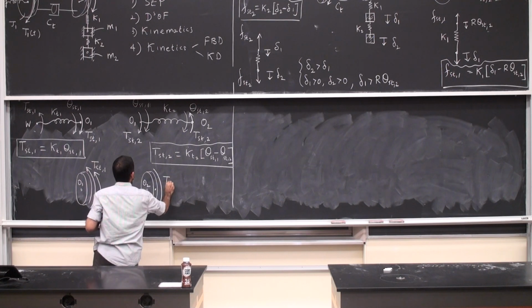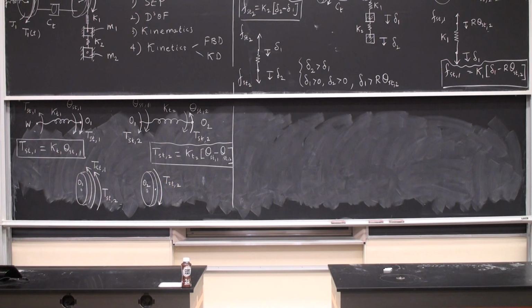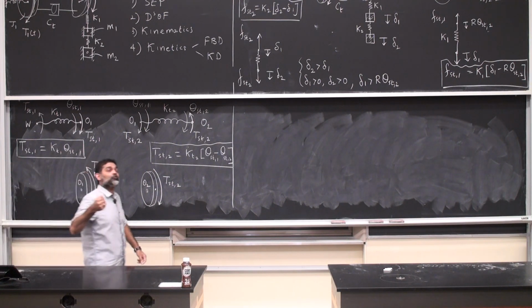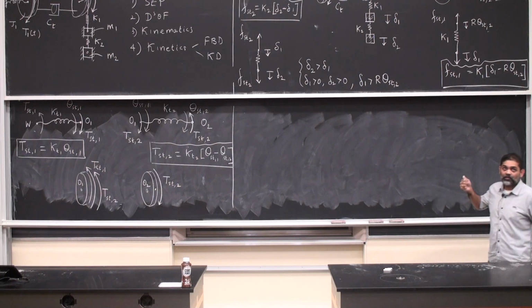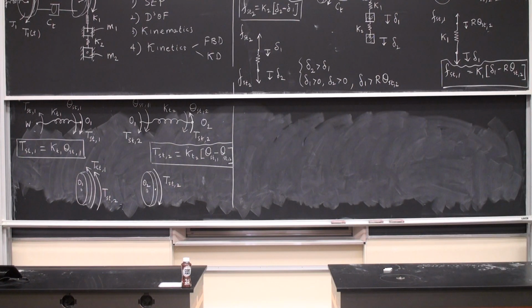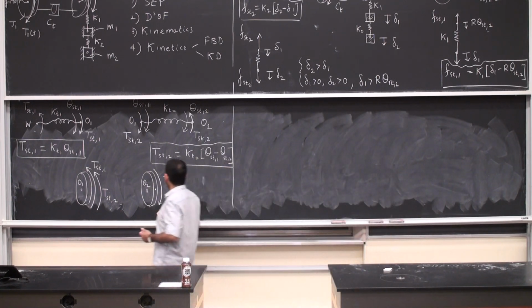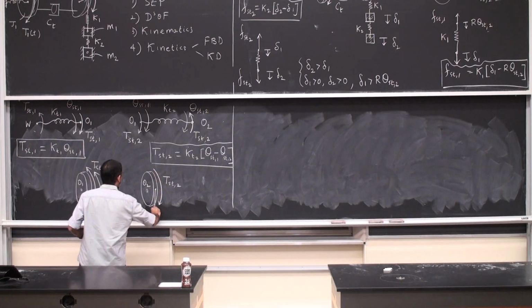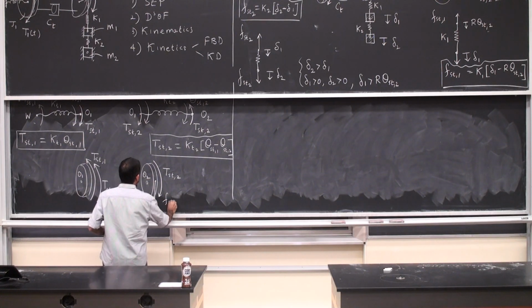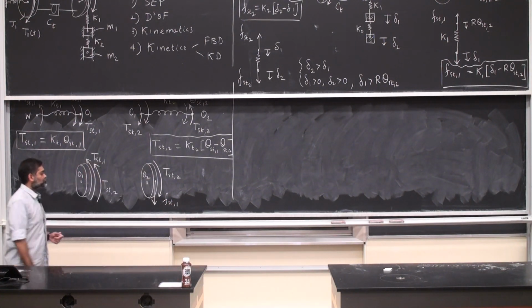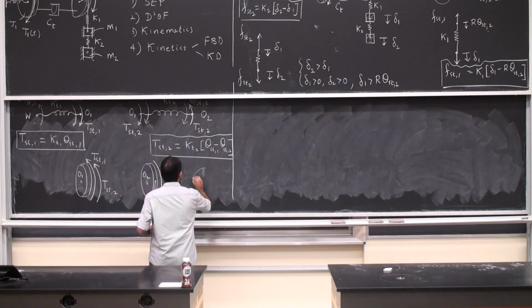This is T static 2. Do not forget, one end of the spring is also connected to this disk, which means that I'm going to have an equal and opposite force to what I had drawn on the top spring there. So that's going to be F static 1, but pointing downwards. And the distance is R, and if you want, you can draw this figure this way.